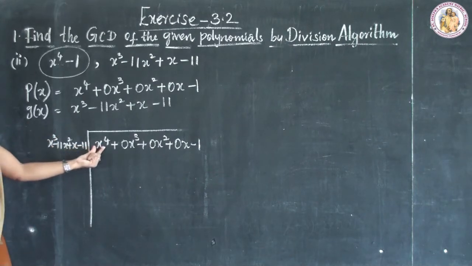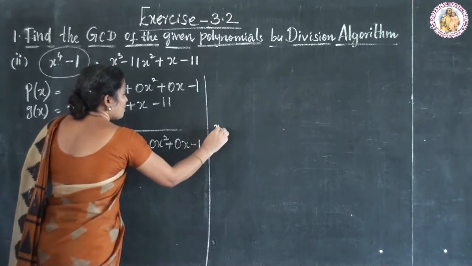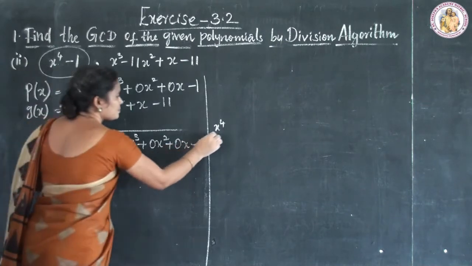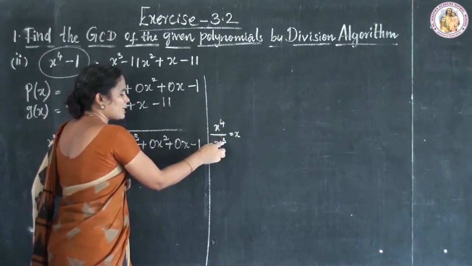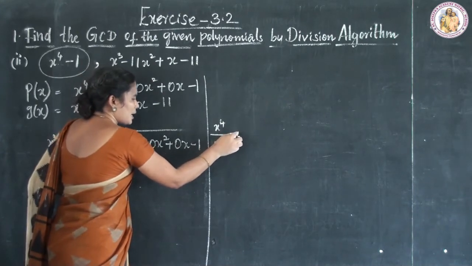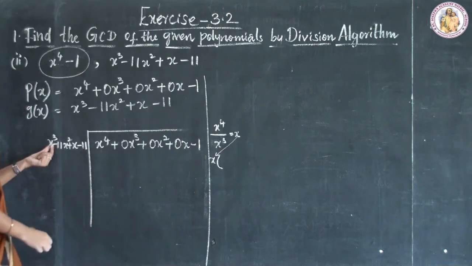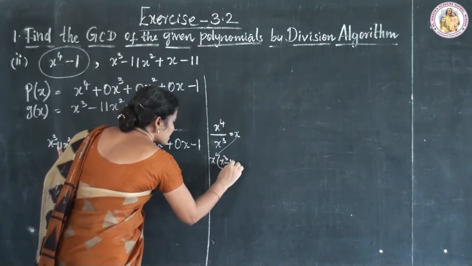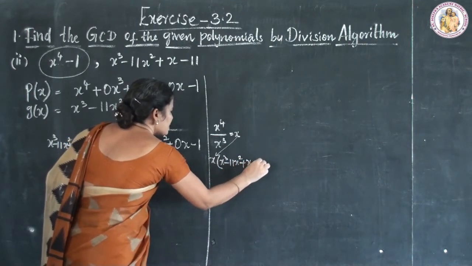We have to take the first term, x to the power of 4, and here x cube. So x to the power of 4 divided by x cube is x. So now write x and take down all the terms, x cube minus 11x square plus x minus 11.